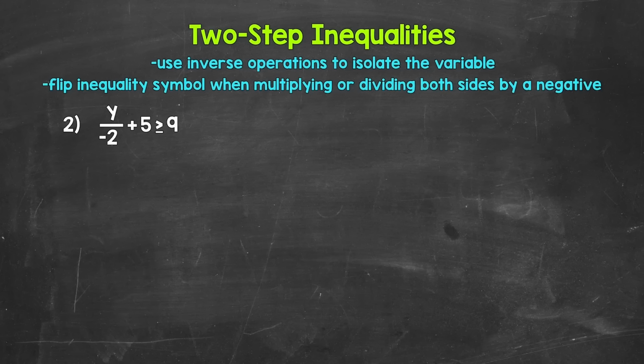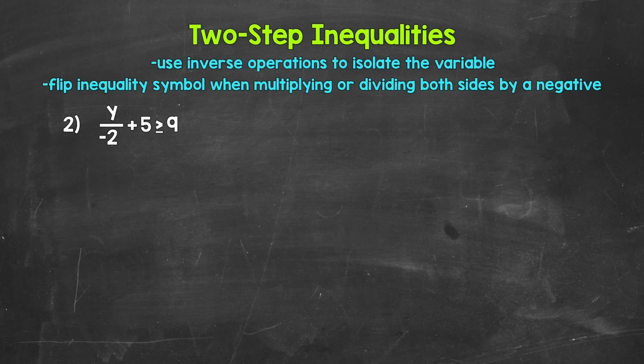Taking a look at number 2, we have y divided by negative 2 plus 5 is greater than or equal to 9. Now here, just like we talked about in number 1, we go in the reverse order of operations to undo the operations and isolate the variable.